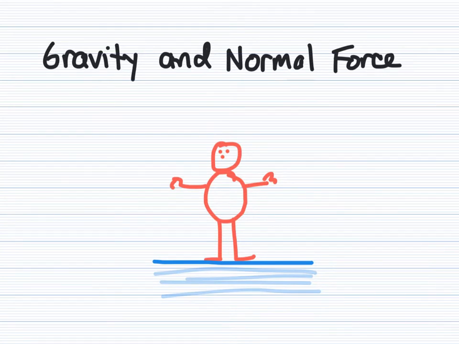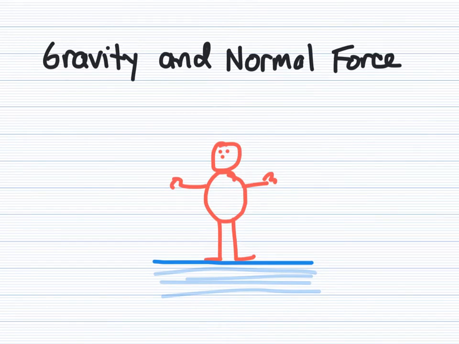Okay, yes, you have to draw the picture. Let's talk first about gravity and the normal force. These two forces frequently are paired together because they often tend to work against each other. Now, let's imagine for a second that you have a little man, and the little man is standing on the ground. Yes, you have to draw the little man.